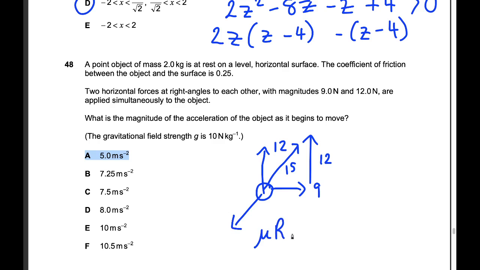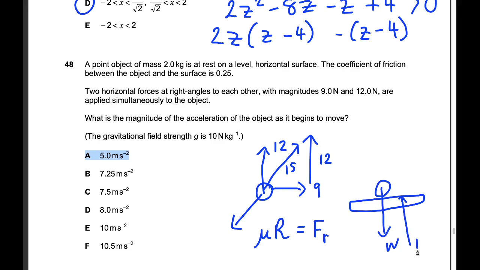And it's of size mu R. So this is an equation you need to know. Friction is the coefficient of friction times the reaction force. Now, we know it doesn't fall through the table, so if we looked at the object on the table from the side on, in the xz plane, I have the weight of my object going down, and the only force that counters that is the reaction force from the table, provided the table isn't made of jelly or something.